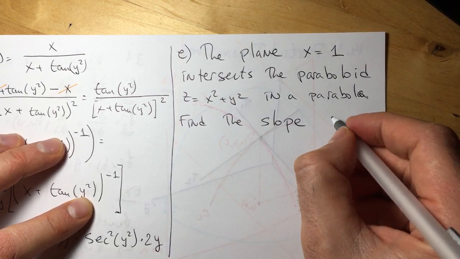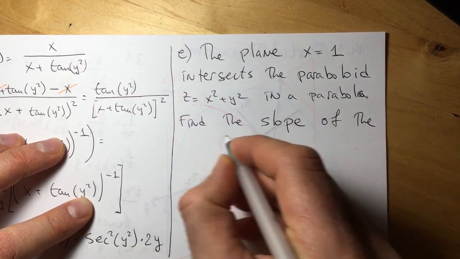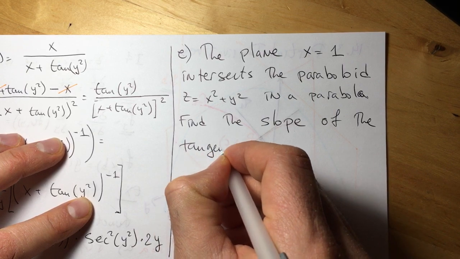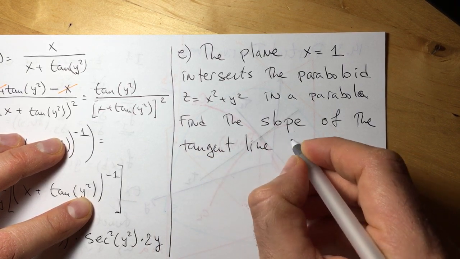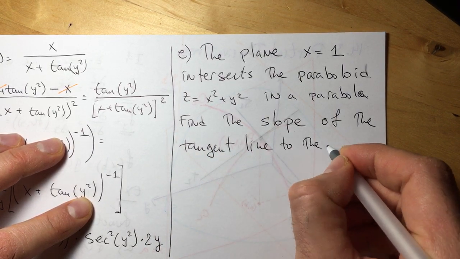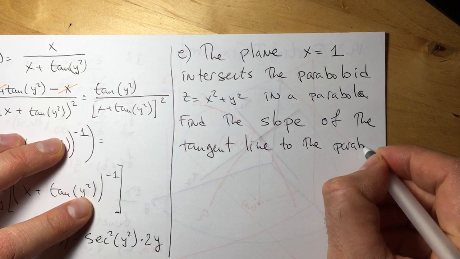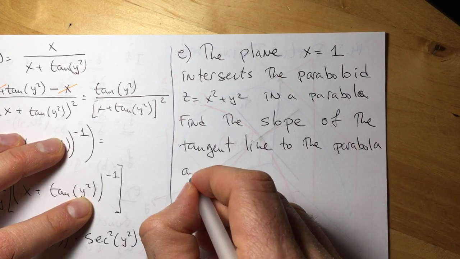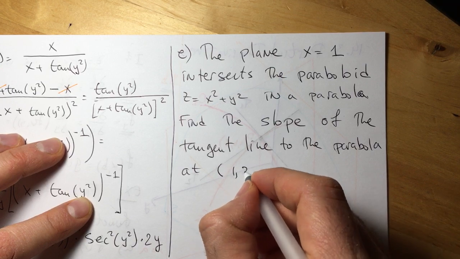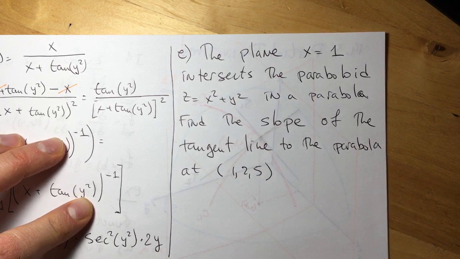Find the slope of the tangent line to the parabola at the point 1, 2, 5.